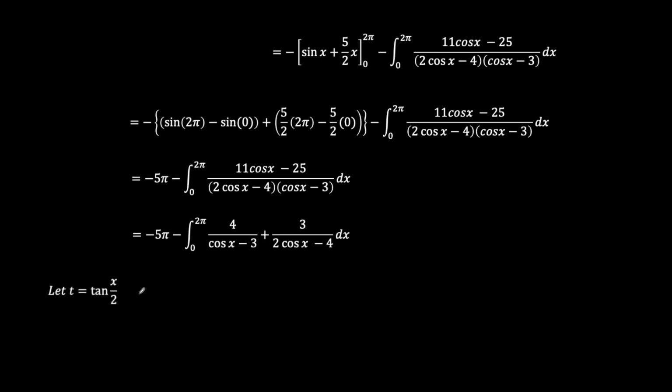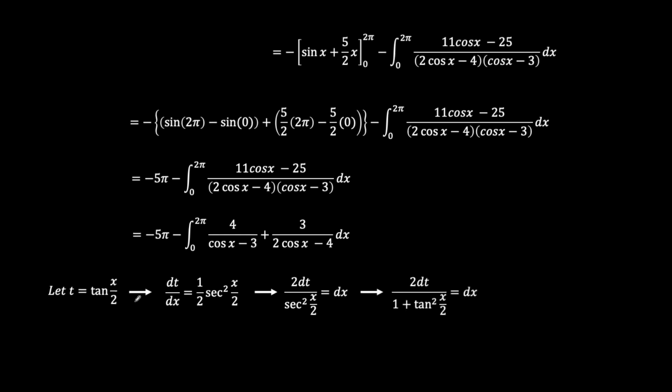Now, we can say let t be equal to tangent of x over 2, such that dt/dx is a half of sec squared x over 2. And so 2 dt over sec squared x over 2 is equal to dx. And we know that sec squared x over 2 is 1 plus tan squared x over 2. So 2 dt over 1 plus t squared is equal to dx, right?